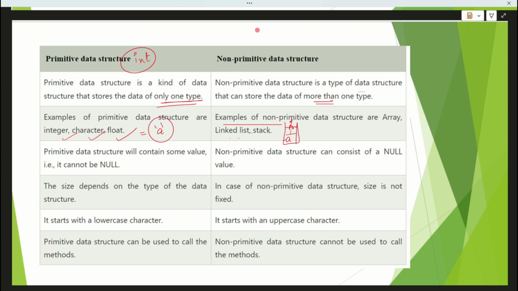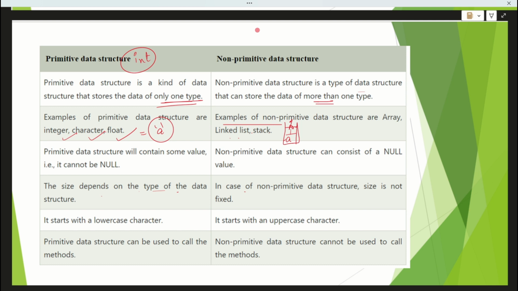A primitive data type will contain some value. It cannot be null, but a non-primitive data type can be null. Primitive data types depend upon the size of the data structure, but in non-primitive data types the size is not a concern.